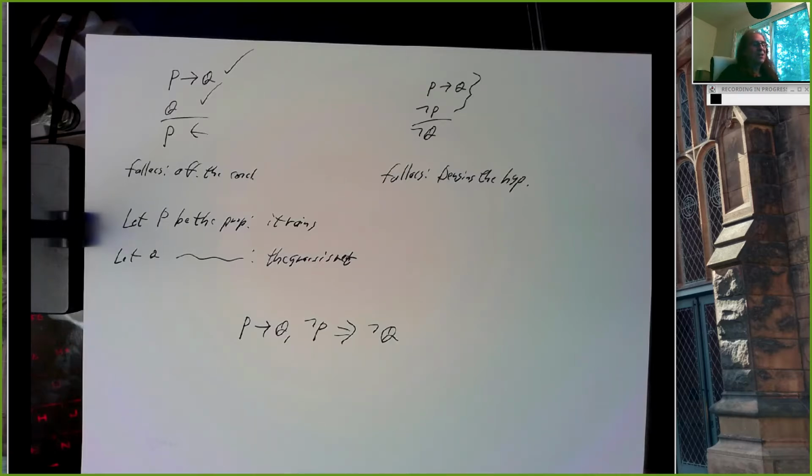So we're not trying to do a rigorous proof. We're just looking for an example of 2 propositions that show these fallacies. Does that make sense?